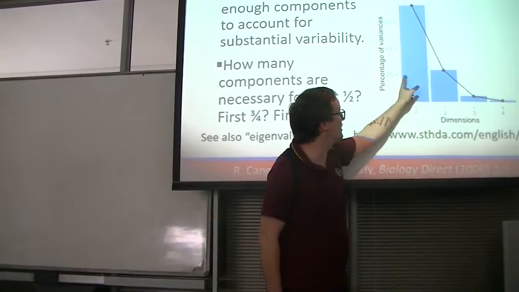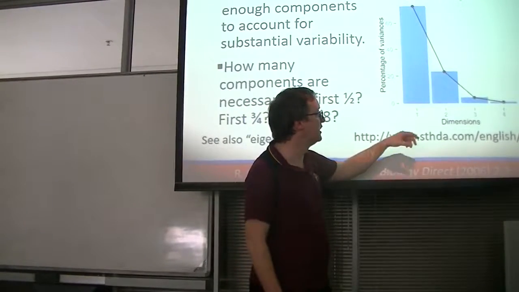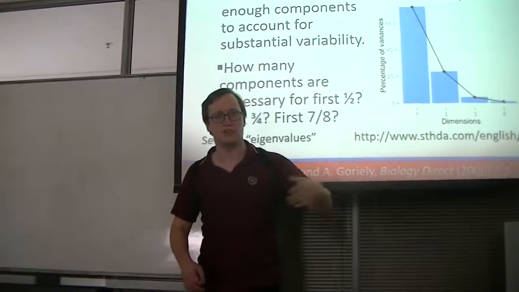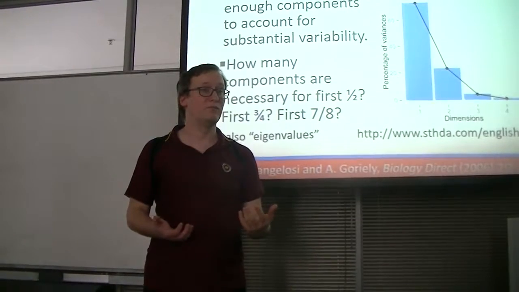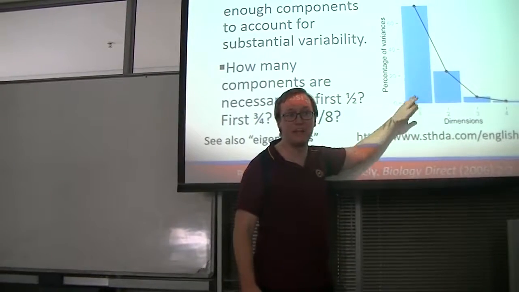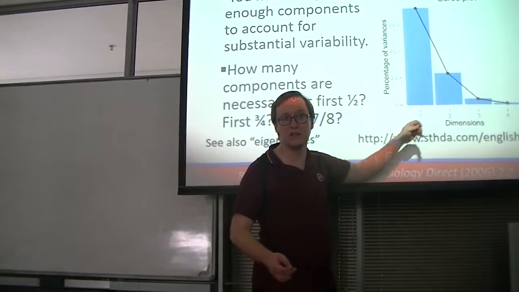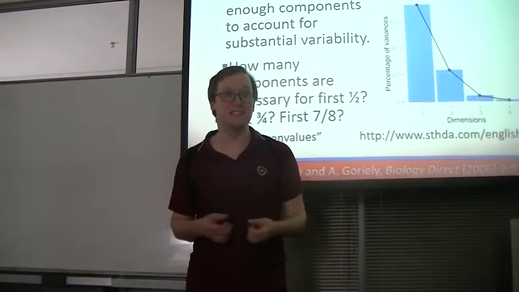The second component contributes another 20%. And by the time you get to the third component, you've got very little explanatory value. So understanding how much of the overall variability is explained by these components tells you how many you need to pay attention to in modeling these data.